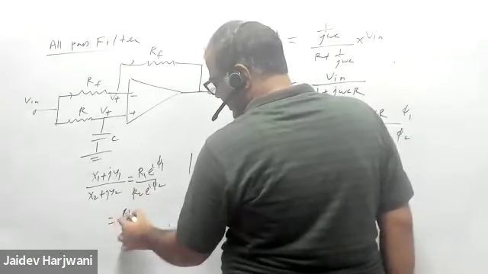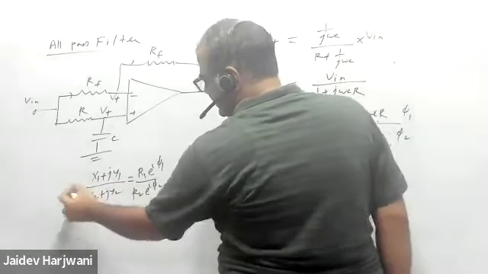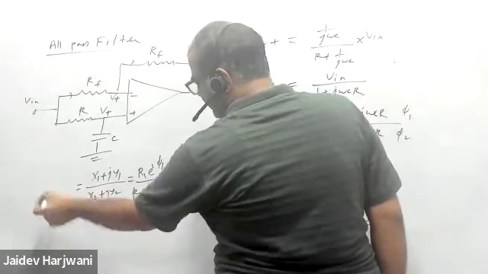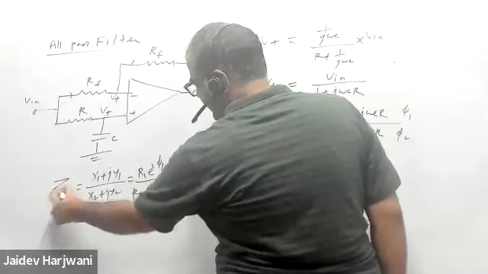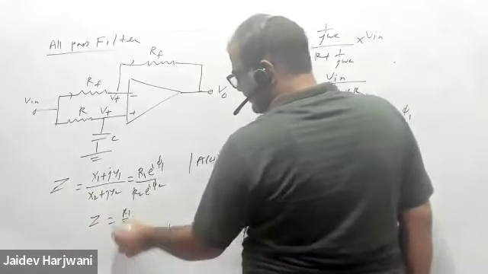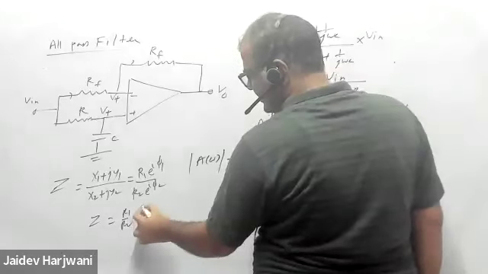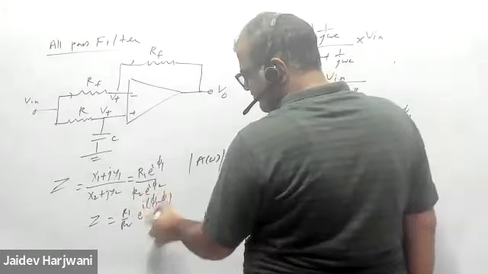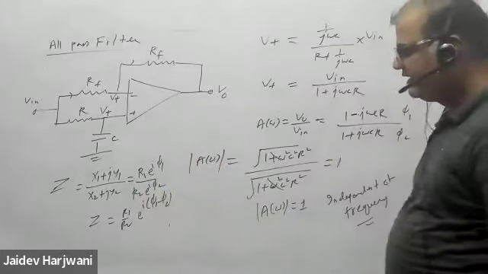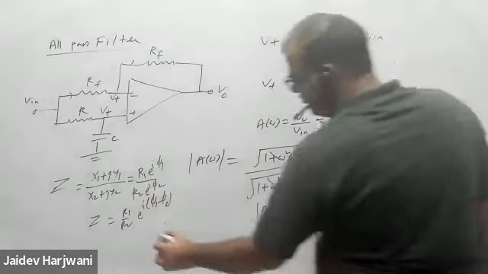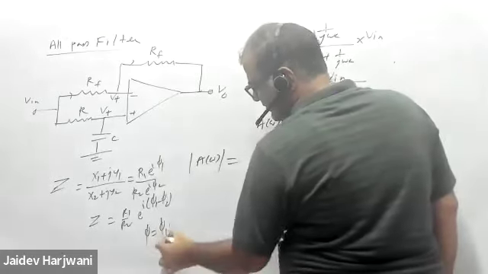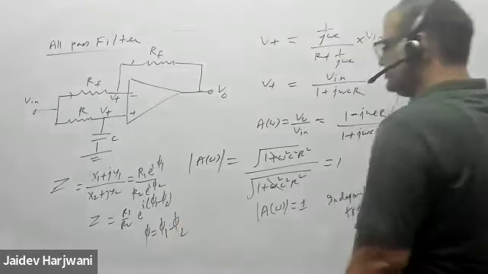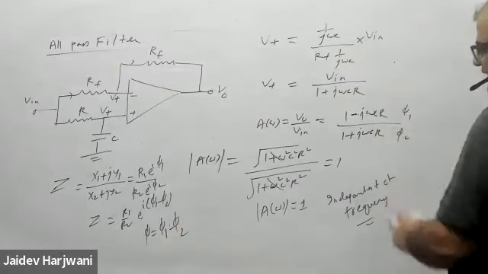This becomes r1 by r2, and this number, say z, will have magnitude r1 by r2 and phase phi 1 minus phi 2. So I'm directly writing now the phase.